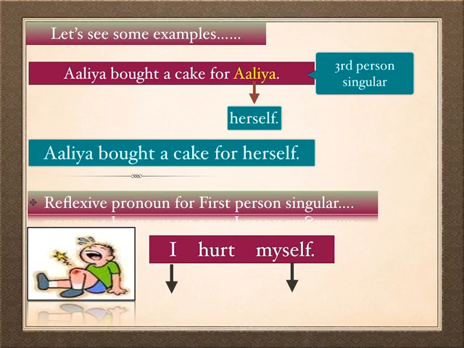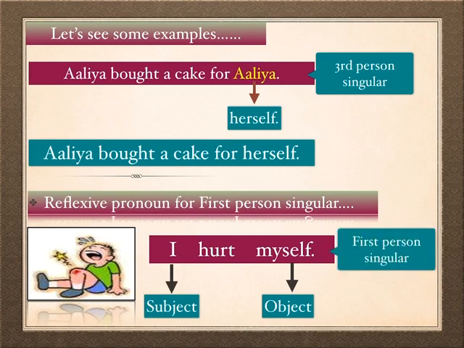So here, I is the subject who is carrying out the action, and myself is the object which is reflecting the action done by the subject, that is I. So myself is the reflexive pronoun used for first person singular when it refers to the subject I.